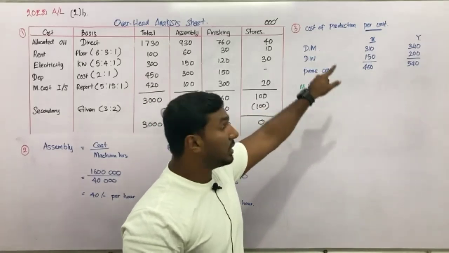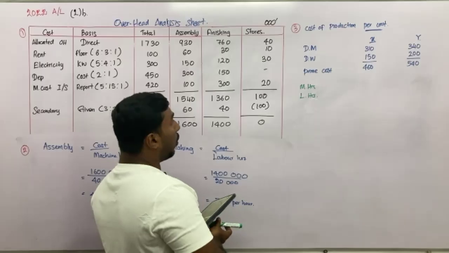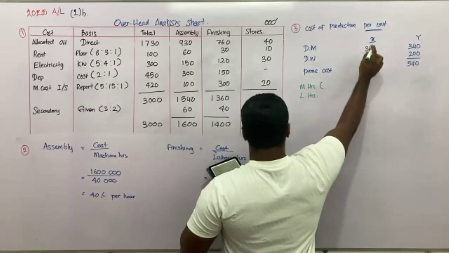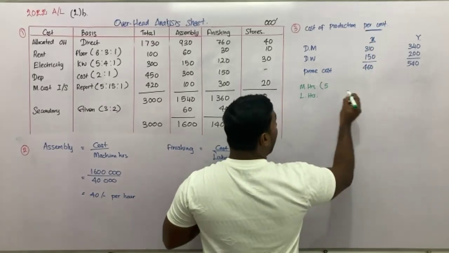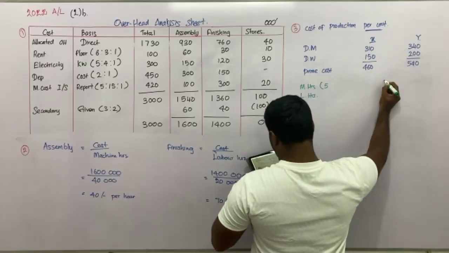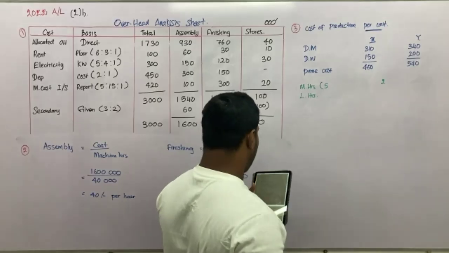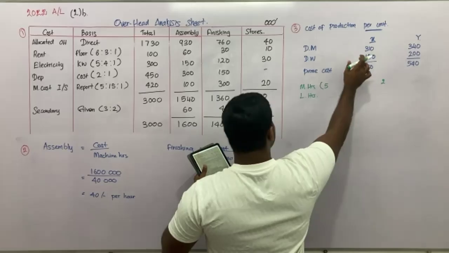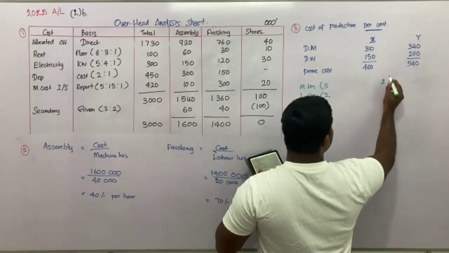Each product consists of the machine hours and the labor hours. Okay, so for the machine hours, product X spends 5 hours and product Y spends 2 hours. Okay, and product X spends 2 labor hours and product Y spends 4 labor hours.